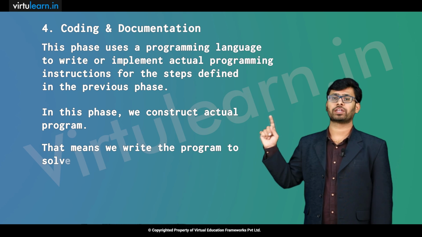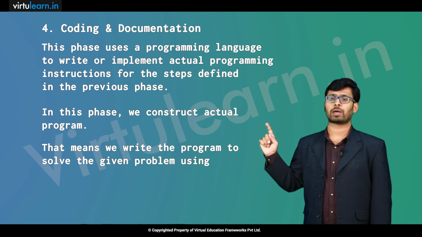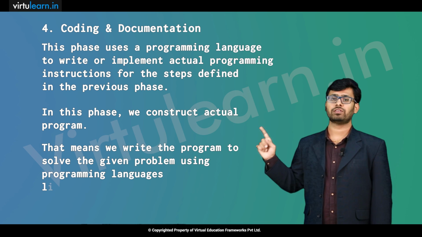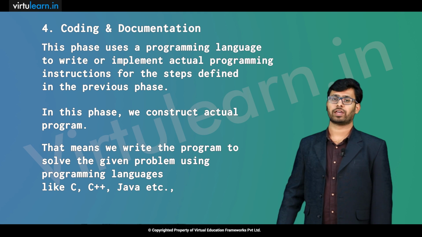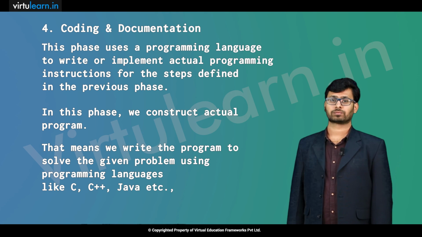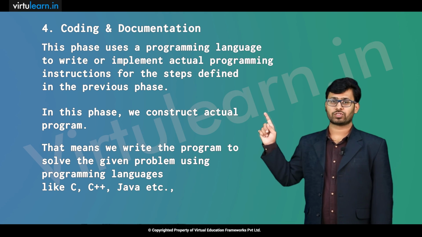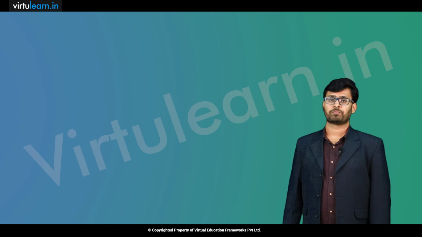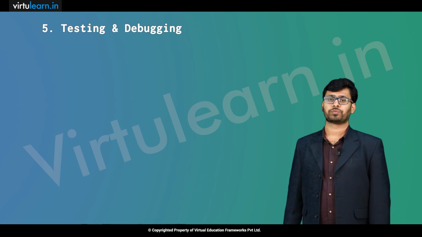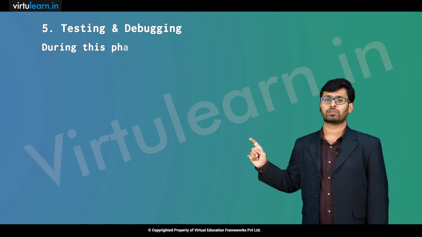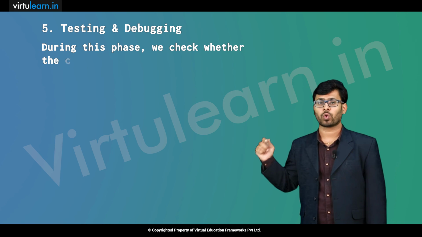Coming to the last phase, we have maintenance, or deployment and maintenance. During this phase, the program is actively used by the users. If any enhancements are found in this phase, all the phases are to be repeated again to make the enhancements.